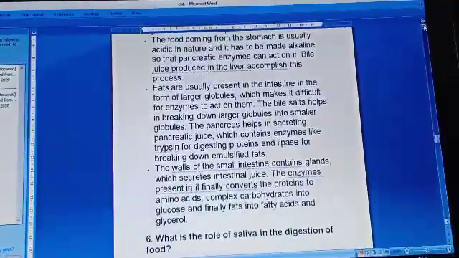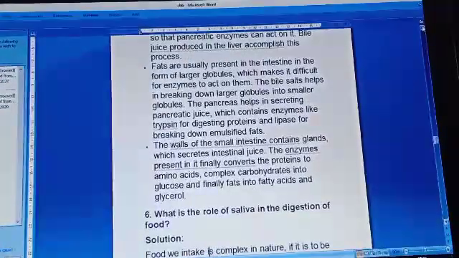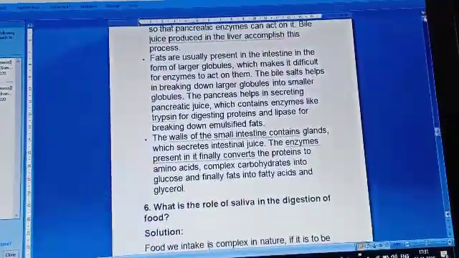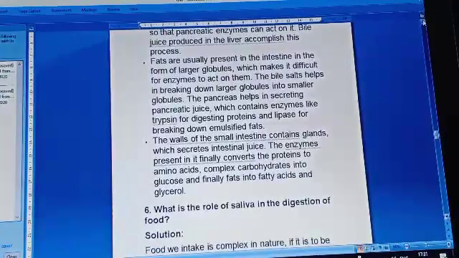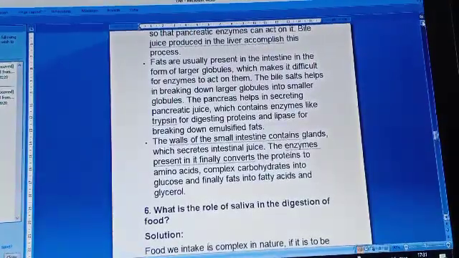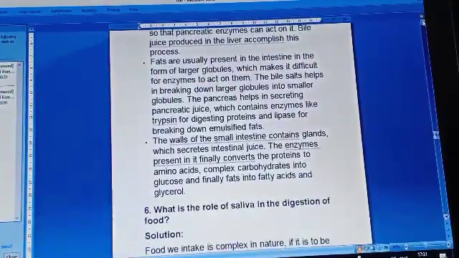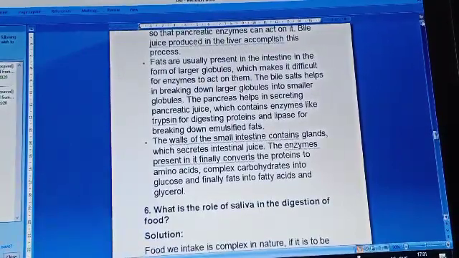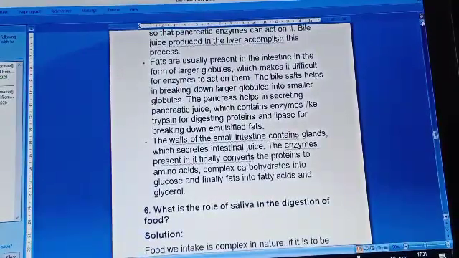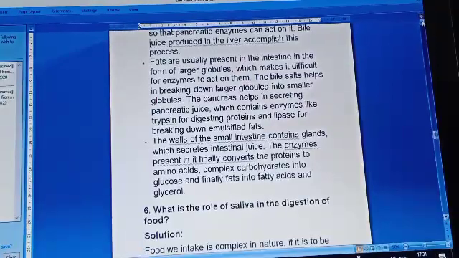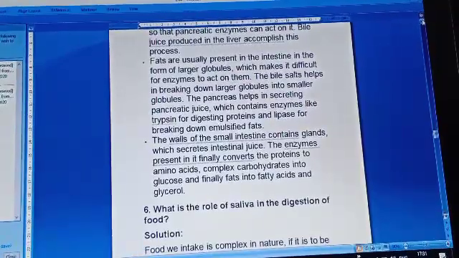The wall of the small intestine contains glands which secrete intestinal juice. Again, fat is converted into fatty acids and glycerol by the intestinal juice, by which the final digestion occurs.